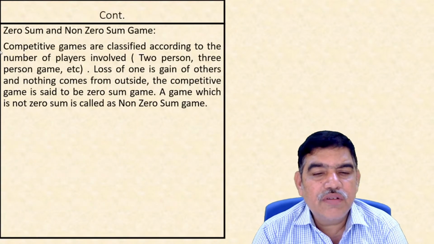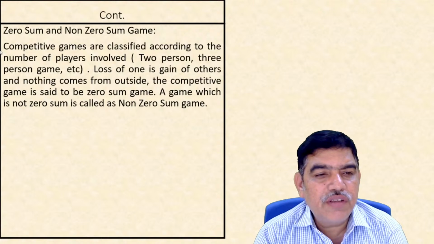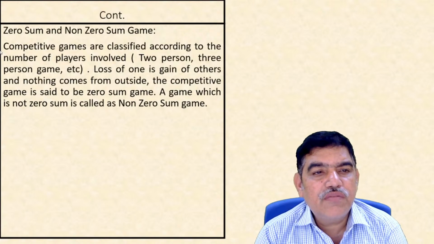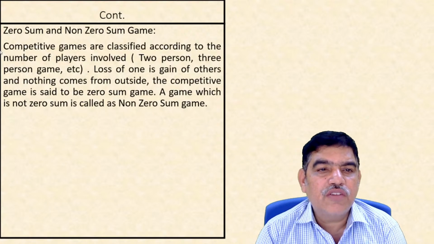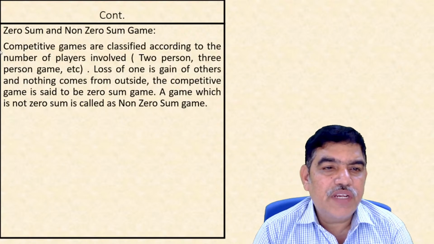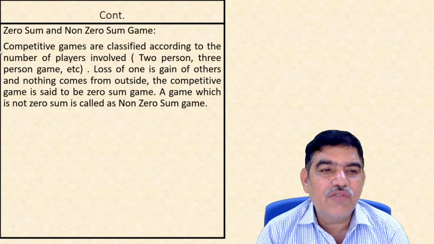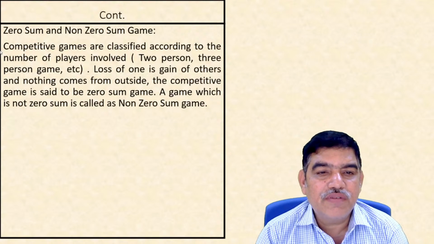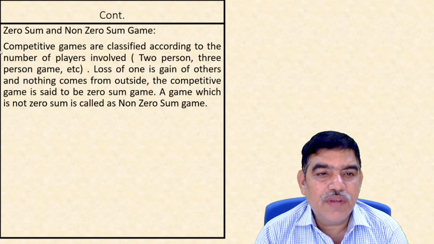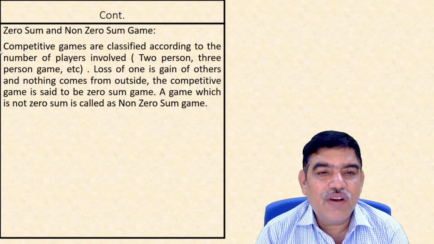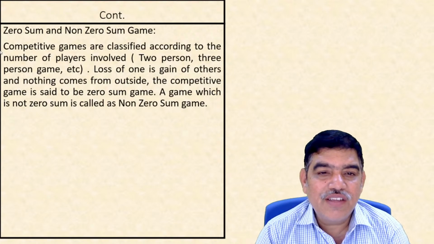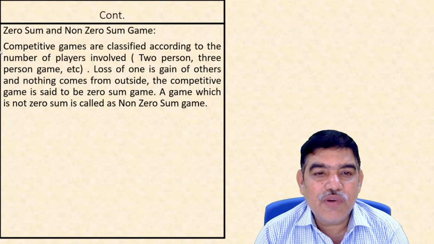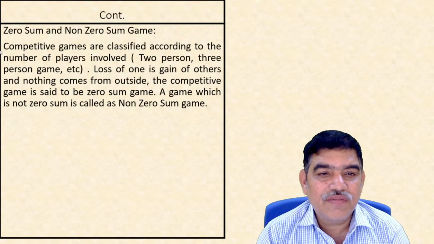Then one more concept in game theory is zero-sum and non-zero-sum game. So what is actually a zero-sum and non-zero-sum game? Competitive games are classified according to the number of players involved. It may be an n-person game, or a two-person game, or a three-person game, etc. So loss of one is gain of others.